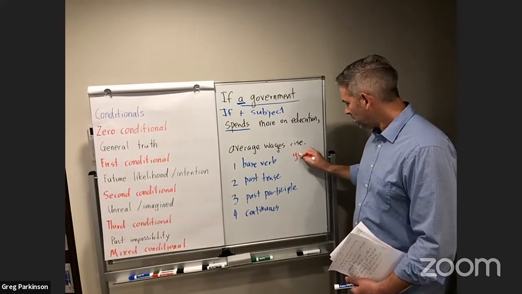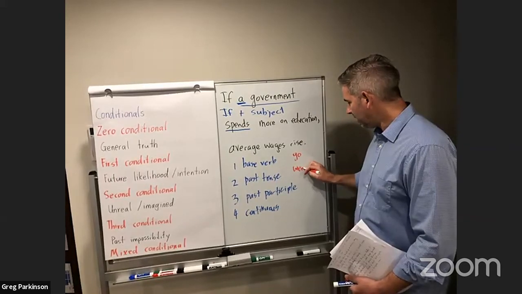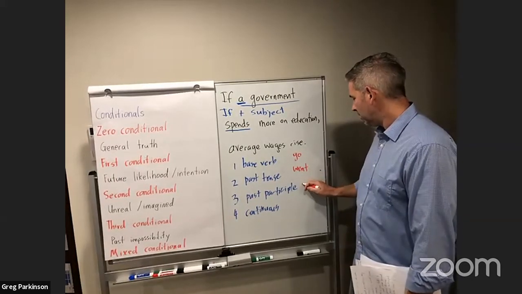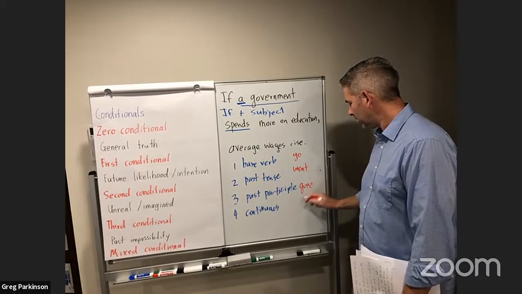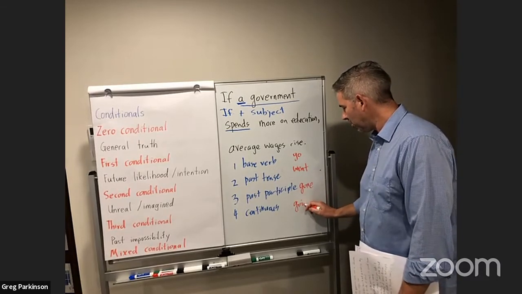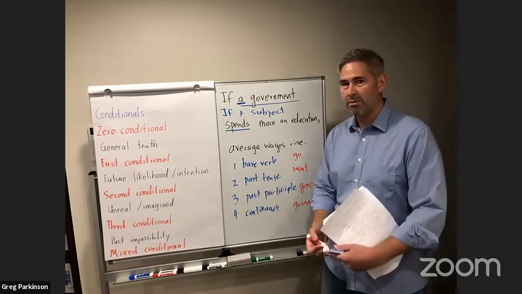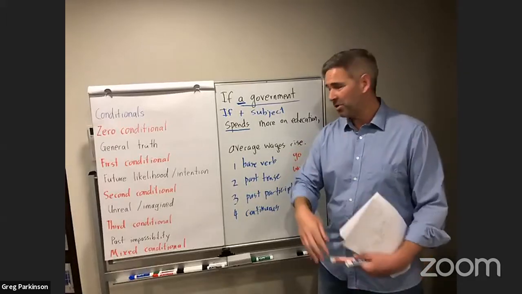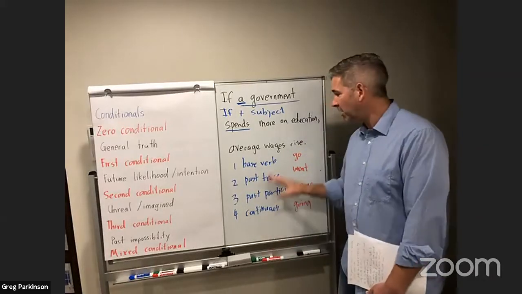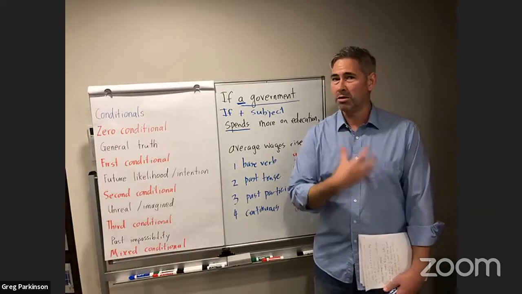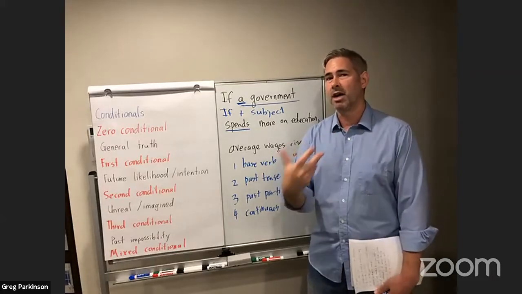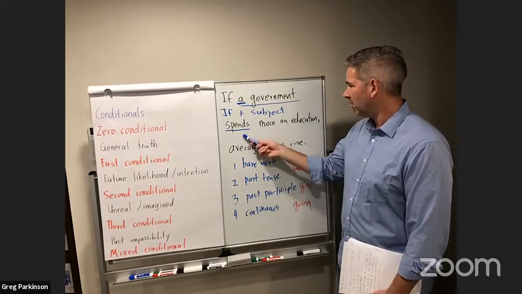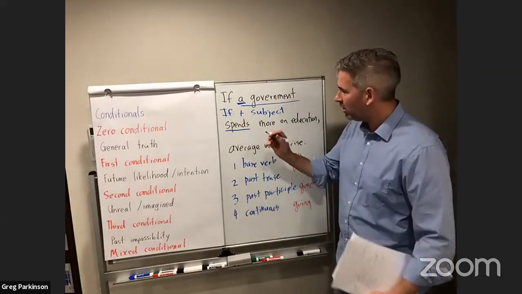Go, went, gone, going. So I hope that helps you to understand what I mean with all these different grammatical terms. We actually call this meta language. Meta language is the language of grammar, the language we use to describe language. So if your answer was base verb, well done.